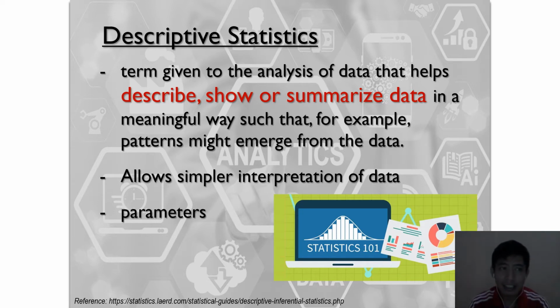For example, in my study on the lived experiences of cancer patients, it's a phenomenology study. However, I use descriptive statistics to show how many female or male respondents I have, the age bracket, the age groups and their percentages, and even the demographics of my informants. So it describes, it shows, and it summarizes the data.